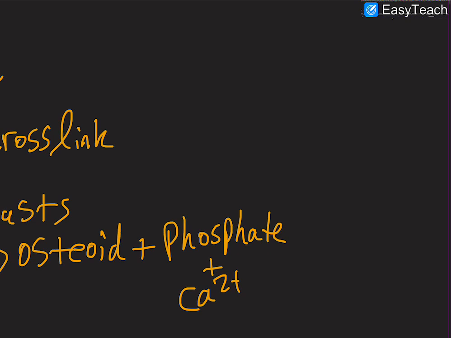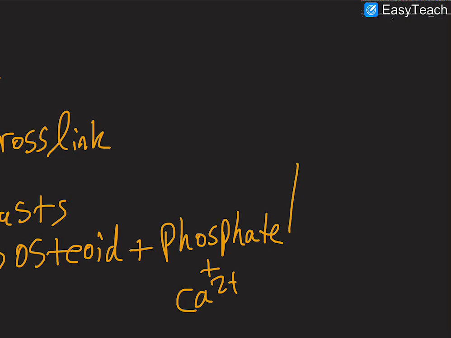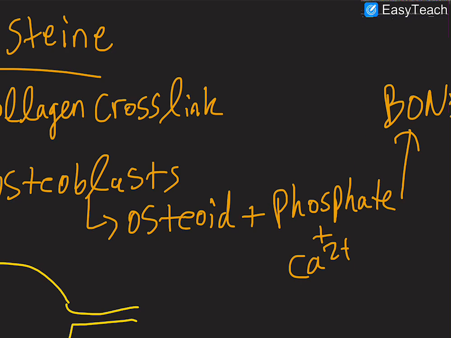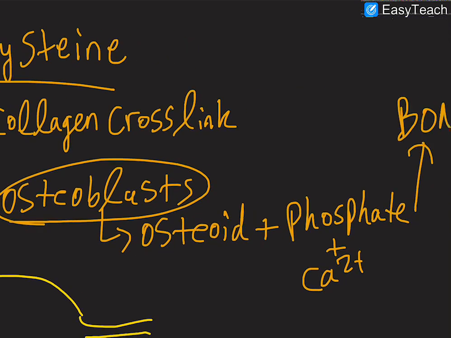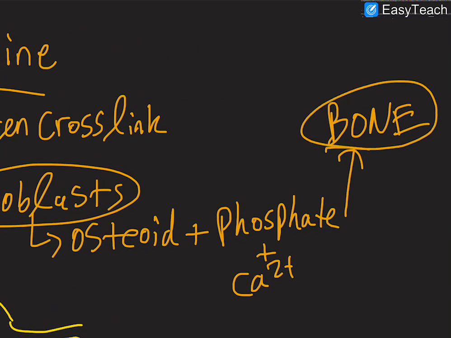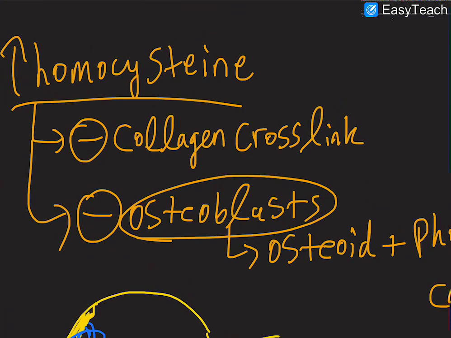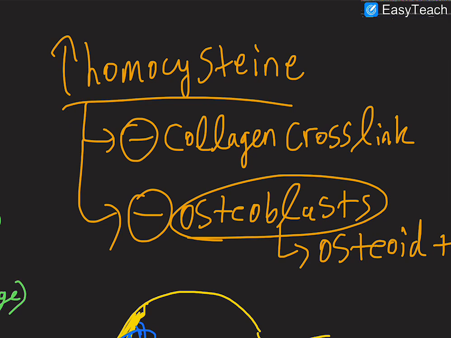As we know, combining osteoid with mineralization forms bone, right? But if increased homocysteine levels decrease the function of your osteoblasts, you're going to have a hard time forming strong bones. Okay, so that's another cause of why increased homocysteine levels can lead to osteoporosis and increased risk of fractures.